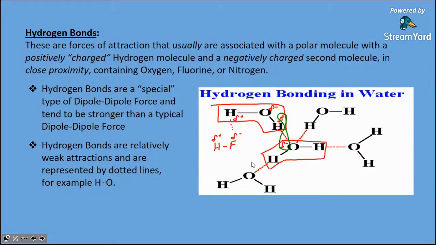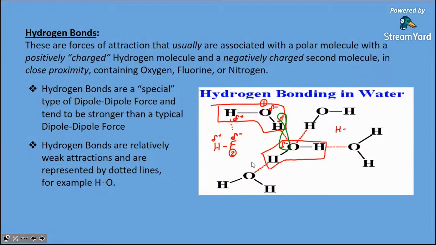Okay, because I've got a phone to phone. I've got the oxygen on one molecule, my fluorine on the second molecule. I've got that positively charged hydrogen on molecule 1 and that negative region on my second molecule.